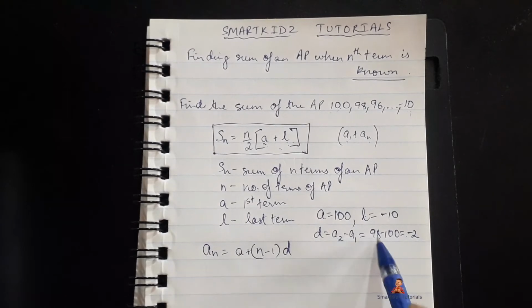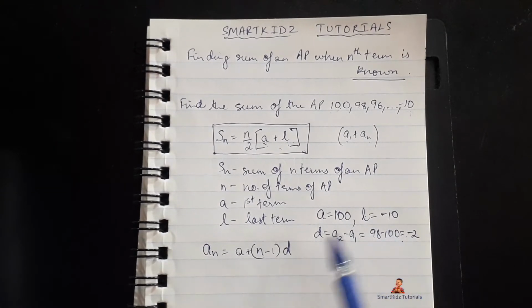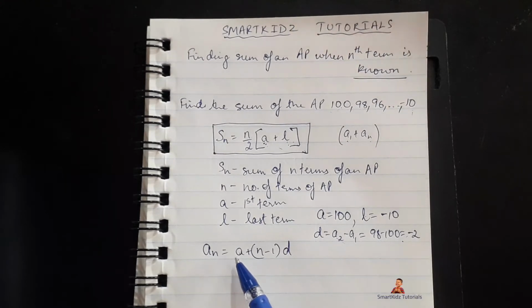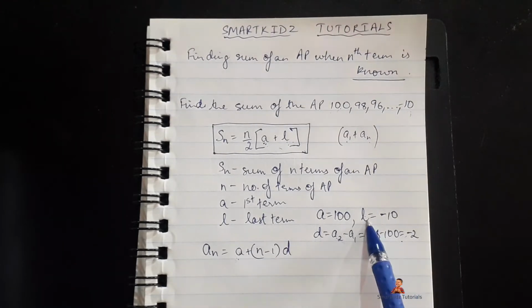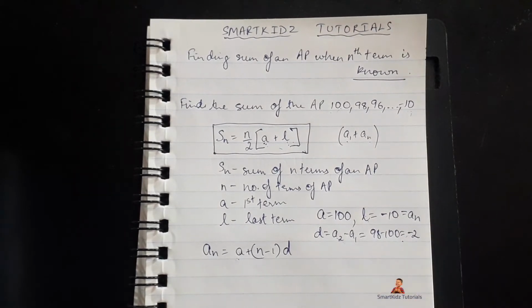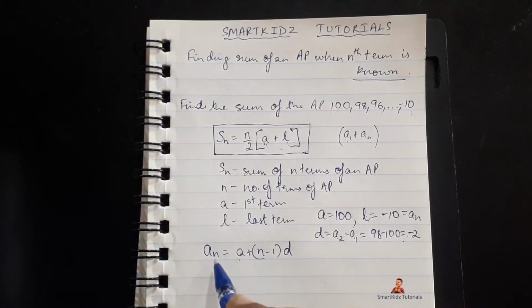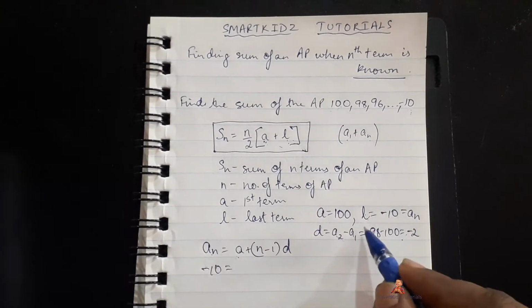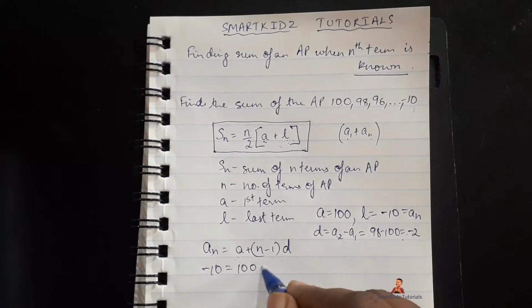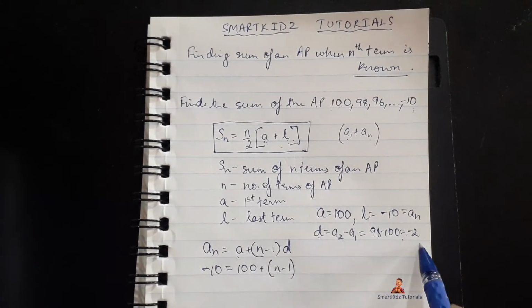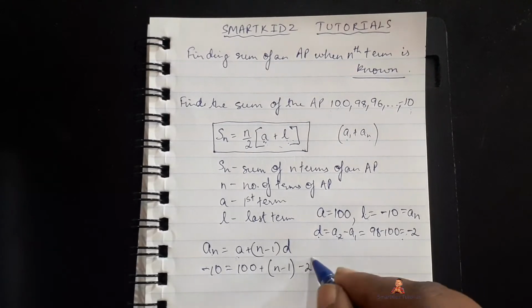We'll use the information that we have here and put it in this particular formula. So here L which is minus 10 is also An because both stand for the last term. So instead of An we'll put minus 10, instead of a 100, n we need to find out so this will be left untouched. d is minus 2.